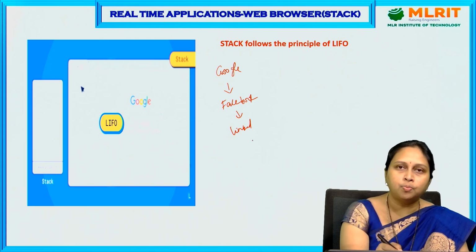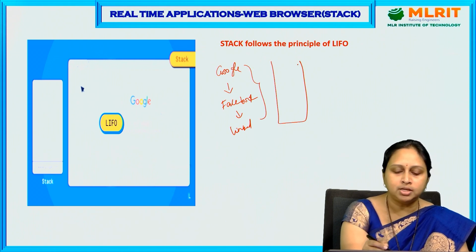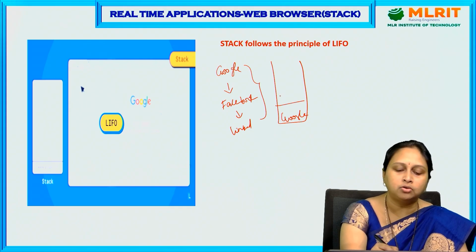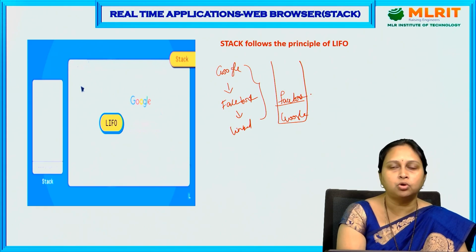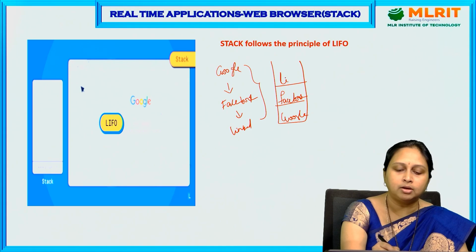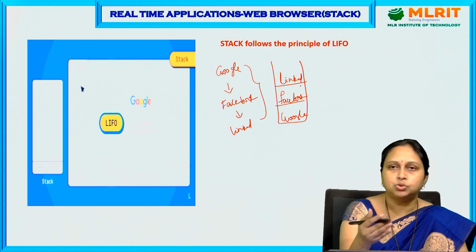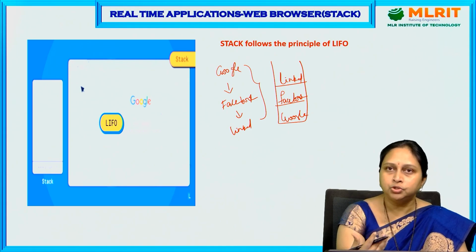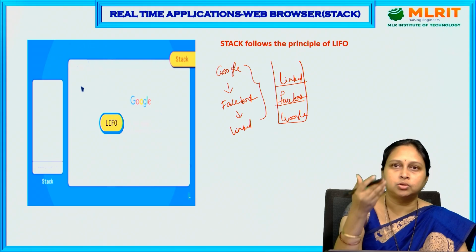When you have opened Google first, it will be stored into the stack as the top element. Then after that, if I have opened Facebook, it is going to be stored on top of Google. Then if you have opened LinkedIn, that will be on top of this one. In this way, whatever new URL you are opening will be placed on top of it.